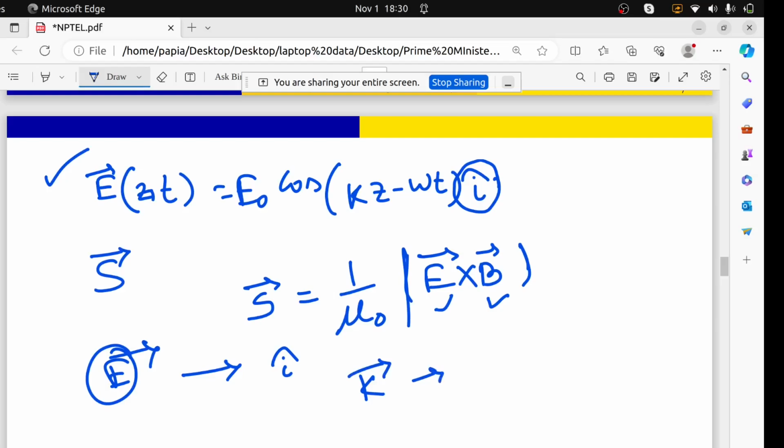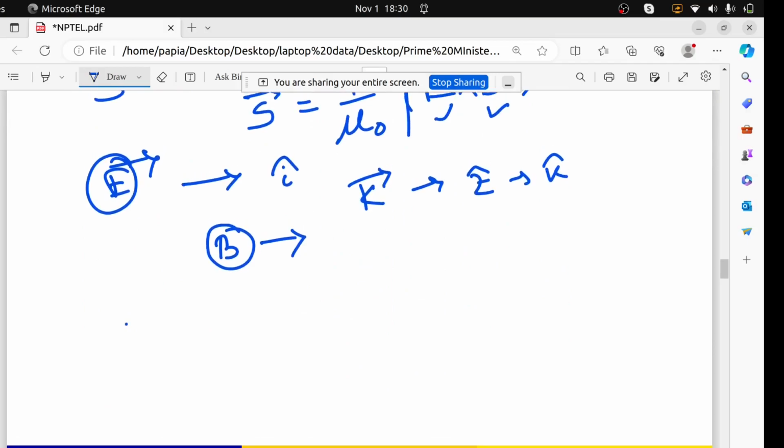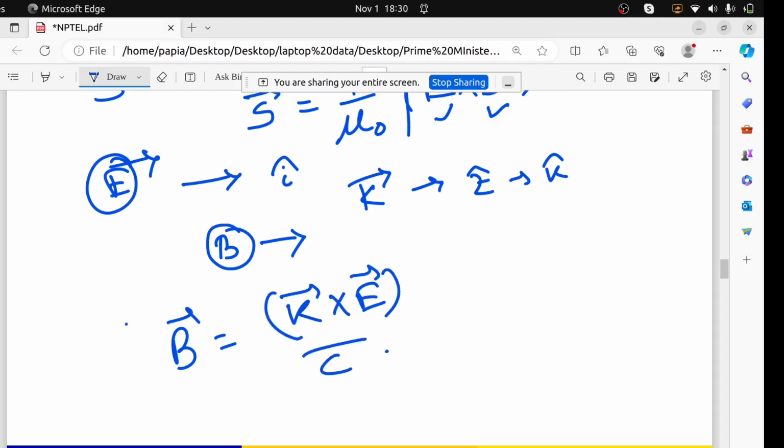Z. Yes, z cap or k cap, because we are taking i, j, k. Now what will be the direction of B, I mean the magnetic field? j cap. How to calculate? B will be k cross E by c.